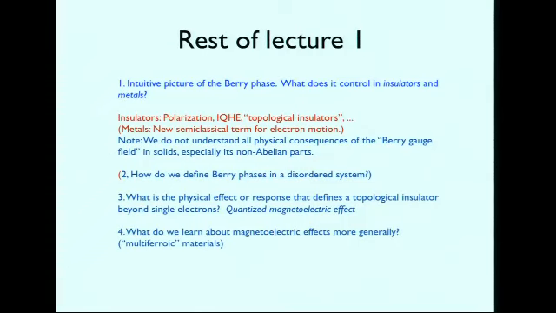But I wanted to flash this up to mention that, I'll be mentioning more open problems later on, but one is we don't really understand yet. We suspect that there are more physical consequences of these Berry gauge fields in solids, but the non-abelian parts have only been thought about for a few years, and we still just really have one or two examples for the non-abelian part. So if you have some knowledge of non-abelian gauge fields, you might think about what they could mean in solids if you want to, easy problem.